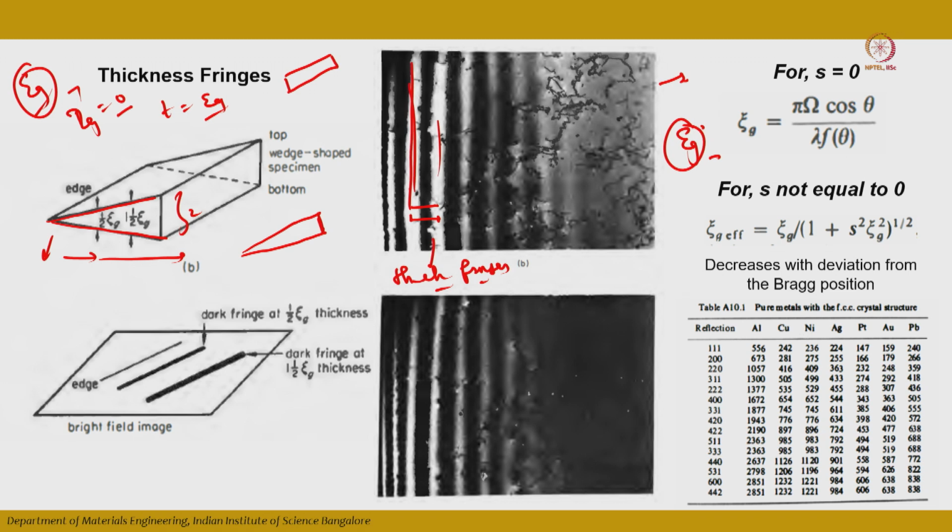You can see the psi g values for aluminum for different reflections written here, in Angstroms. For 111 the psi g is 556. So if you are in the 111 g condition, you will see a large number of thickness fringes due to the change in thickness.